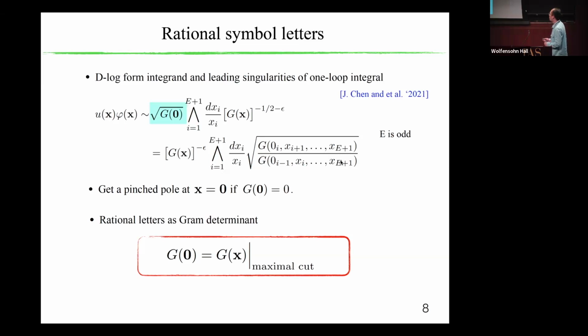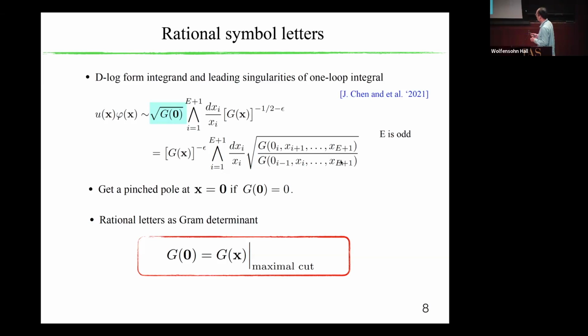And because the Gram determinant is a quadratic polynomial in all of the variables, you can check this integrand is really a d-log form. And now the thing is, this leading singularity will get a pinched pole: if the Gram determinant is 0, the pole from the Gram determinant will pinch with the propagators. So it is very similar to the Landau singularities.